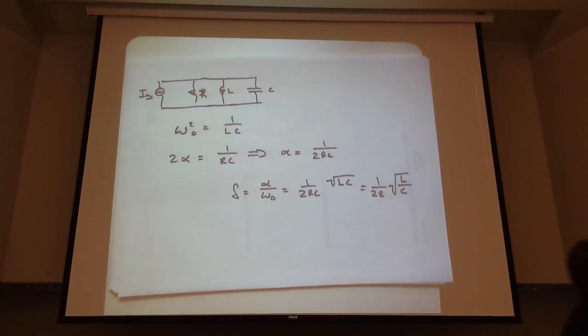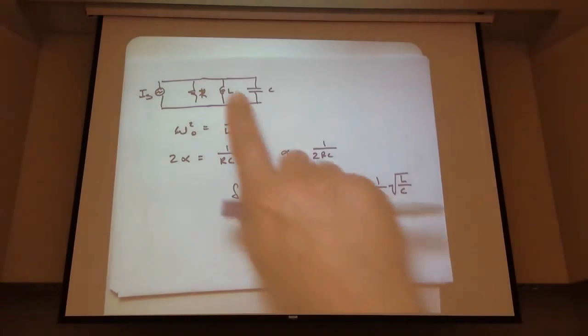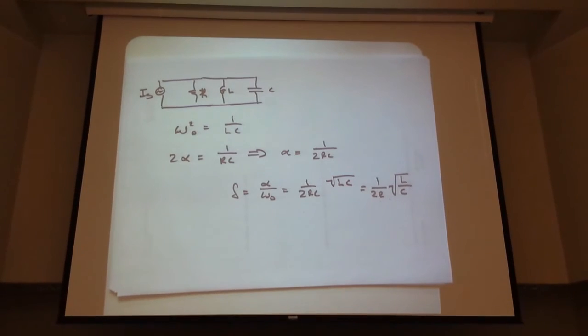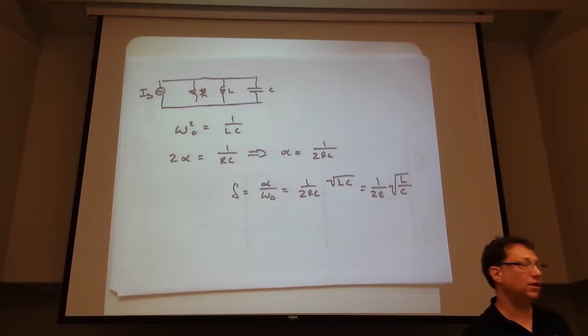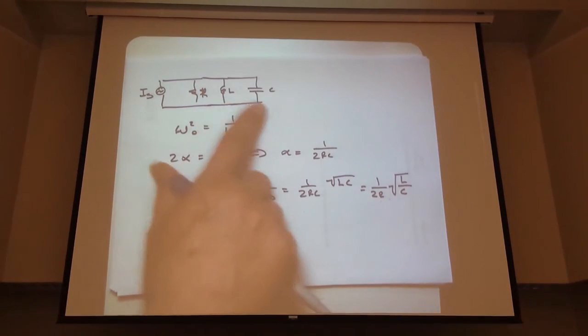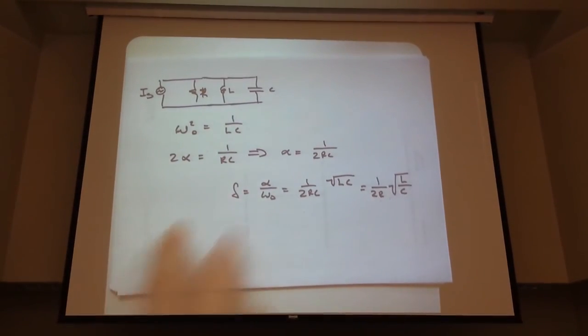But it's the same argument. So, as this goes up, under damping, we drive more and more voltage. These guys trade more and more energy back and forth. So that's what underdamping is. It's kind of an interesting phenomenon. It's real.